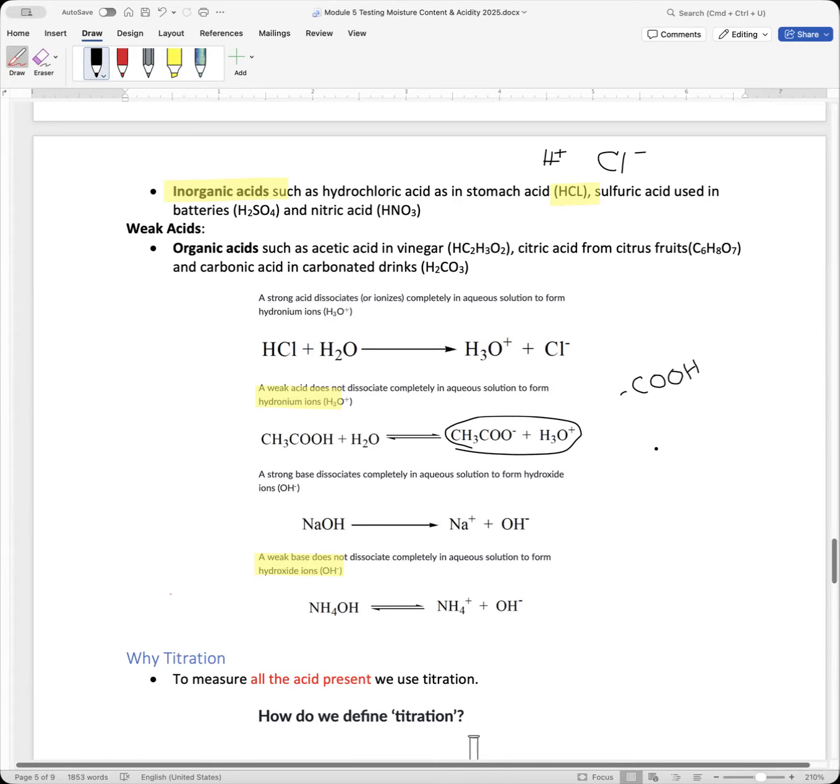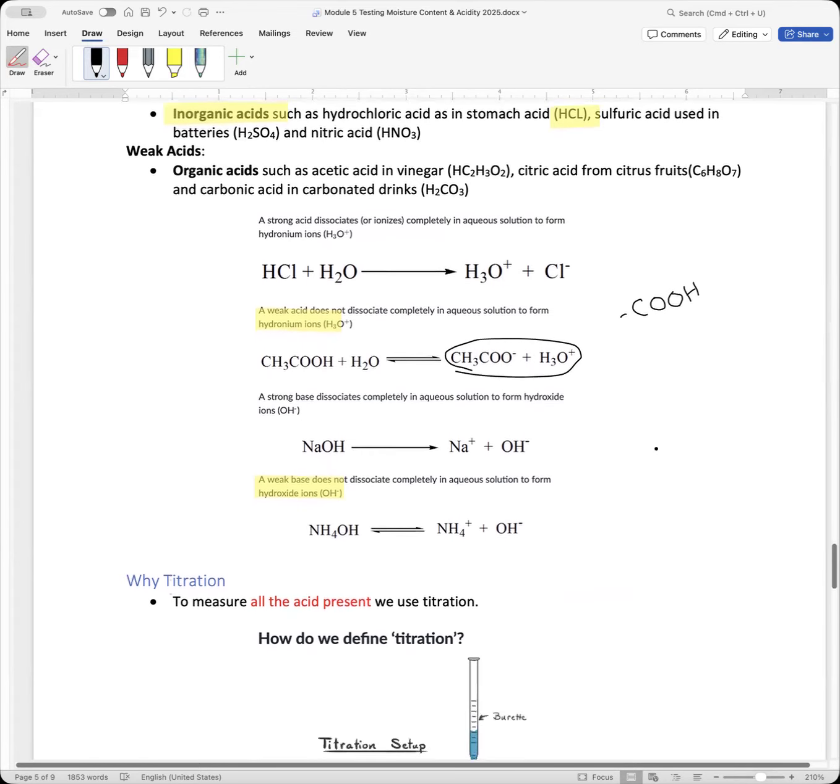So when I put vinegar in the water, it gets acidic, but not all of the acid disassociates. The total amount of acid is what makes the food taste sour. So if you're concerned about how sour it tastes, then you want to measure that.